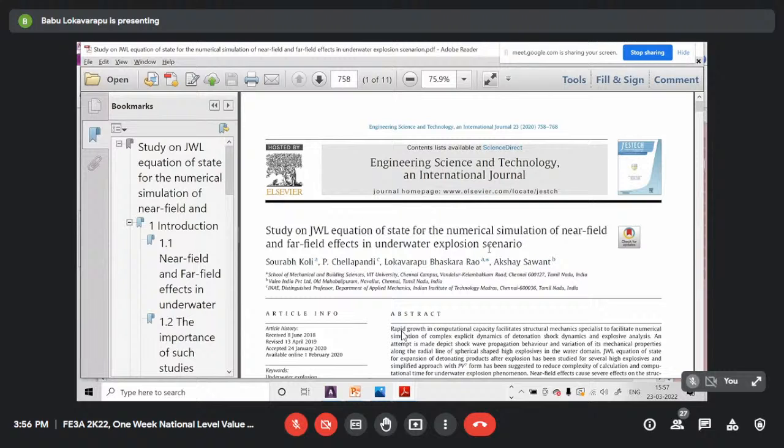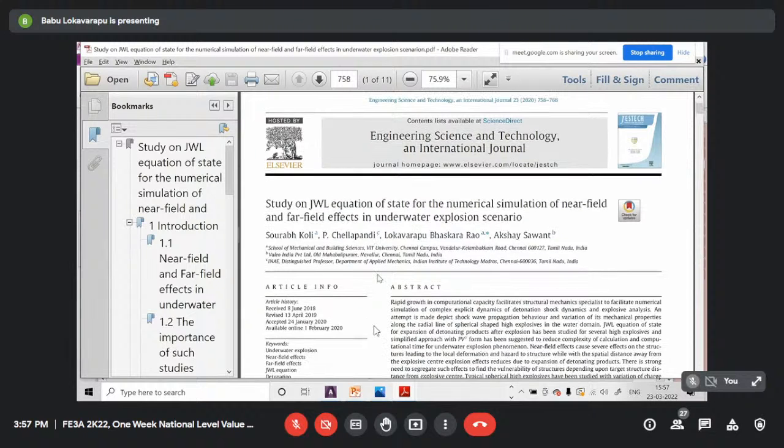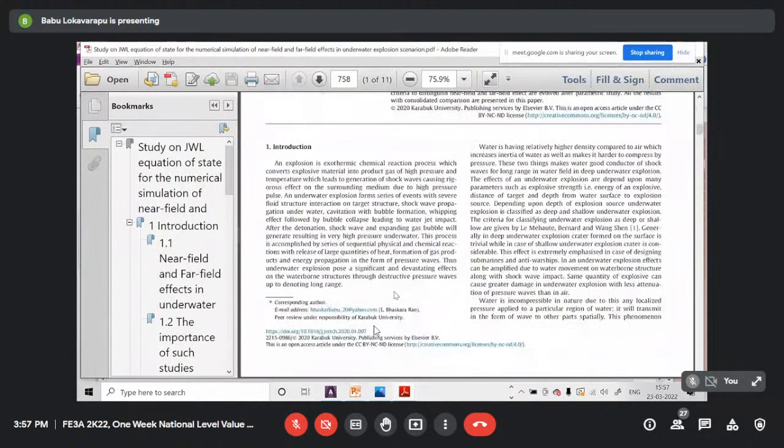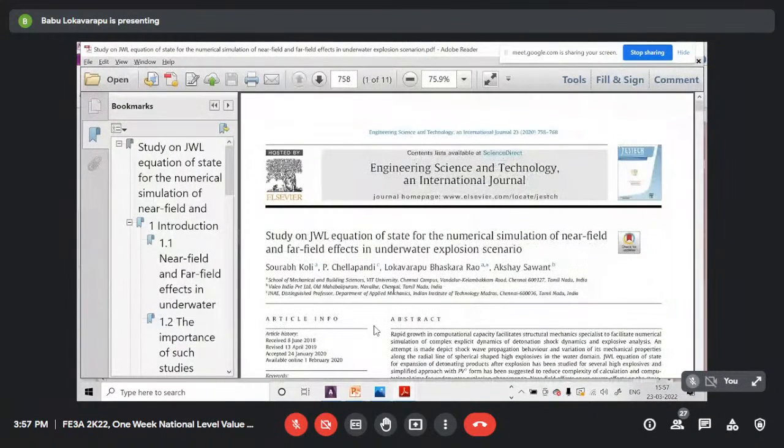Thankful to our mentor, Dr. P. Challapandi, INAE Distinguished Professor at Madras, and our team members Saurabh Kohli and Akshay Sawant. This was published in 2020.